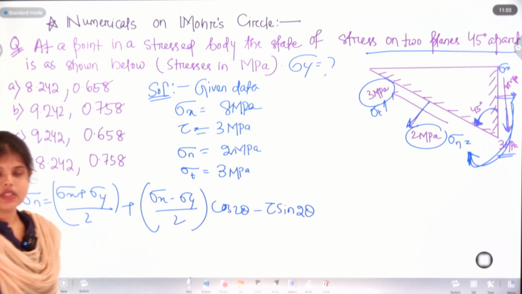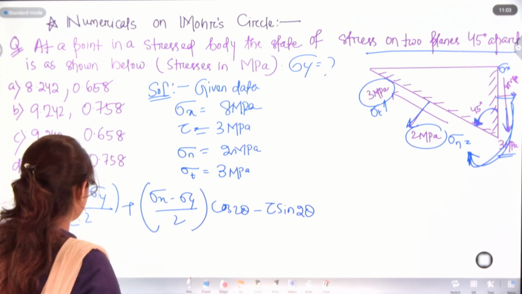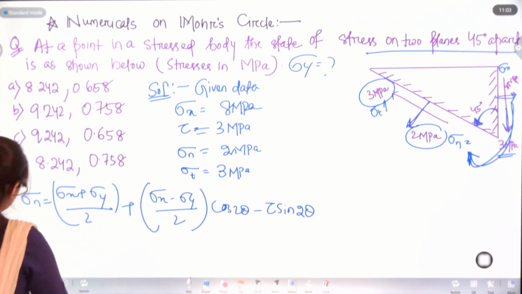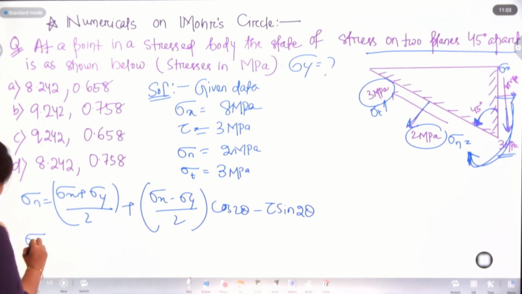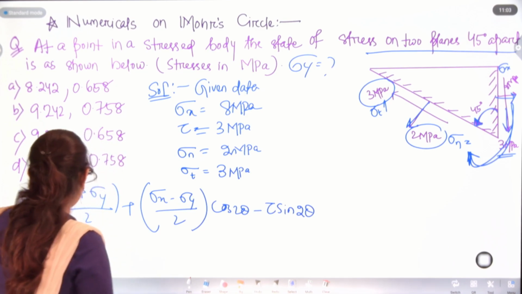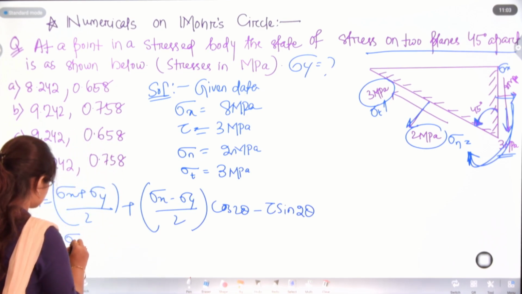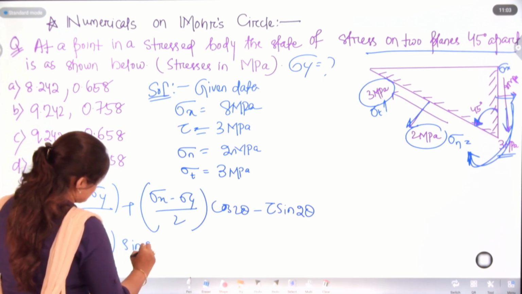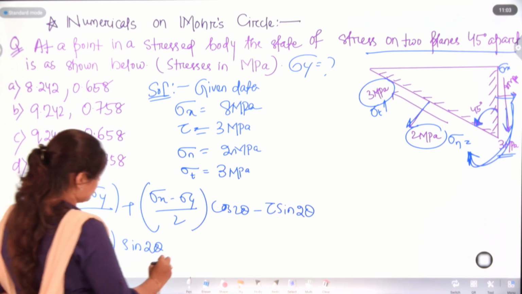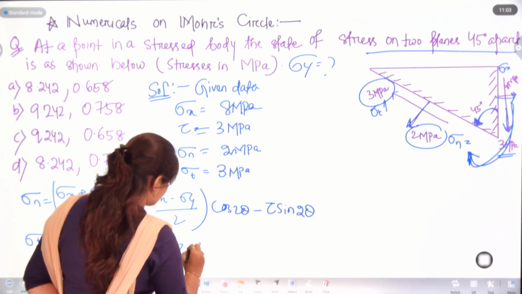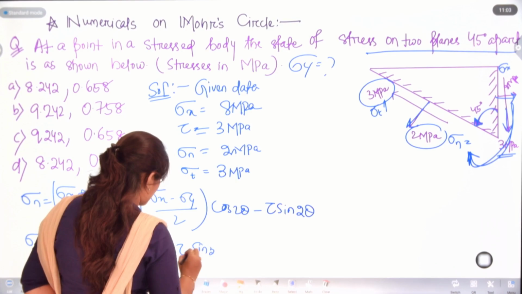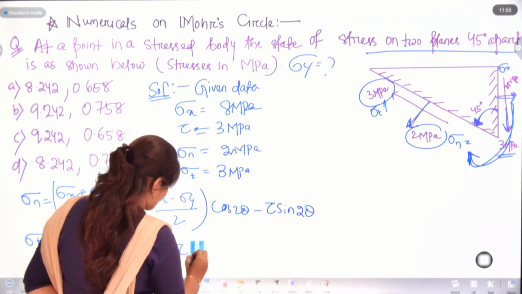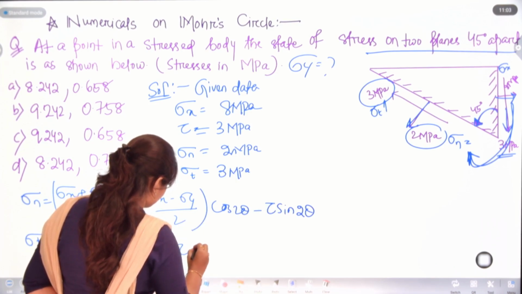We have already discussed this formula, and also derived this formula. Another thing is tangential stress, sigma t. Sigma t is sigma x minus sigma y upon 2 into sin 2 theta plus tau cos 2 theta.